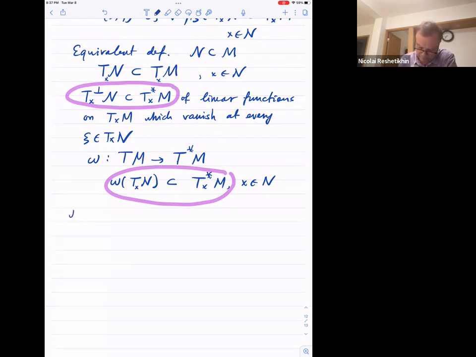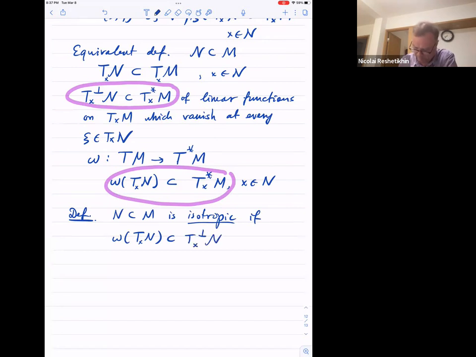And the equivalent definition of being isotropic is the following. The image of the tangent space is inside of the orthogonal subspace to the tangent space.